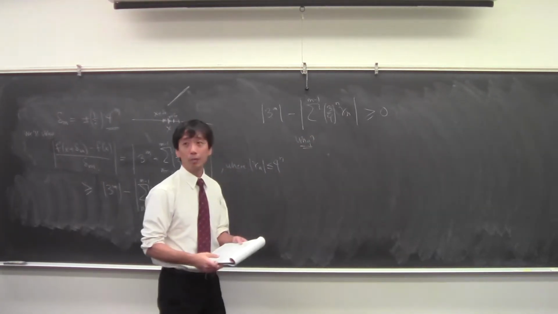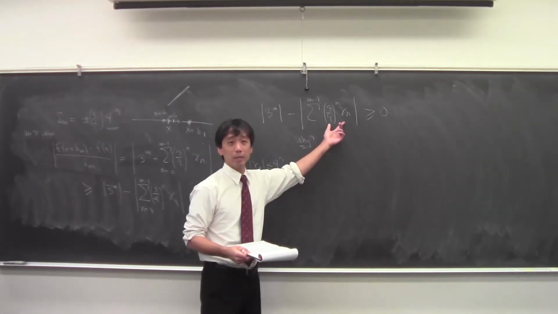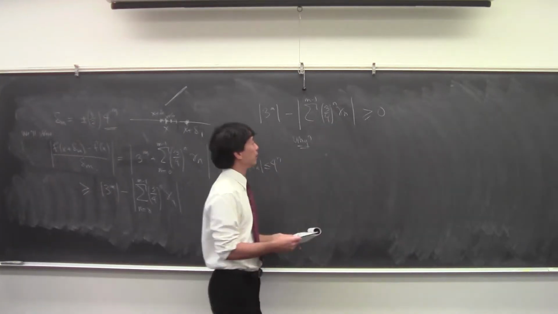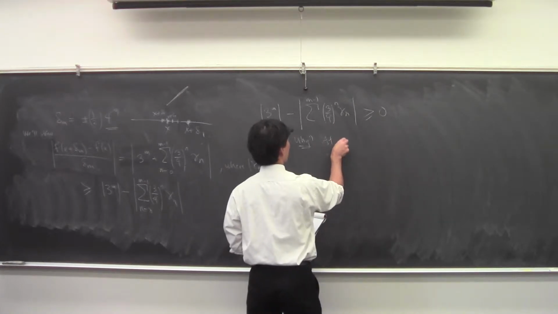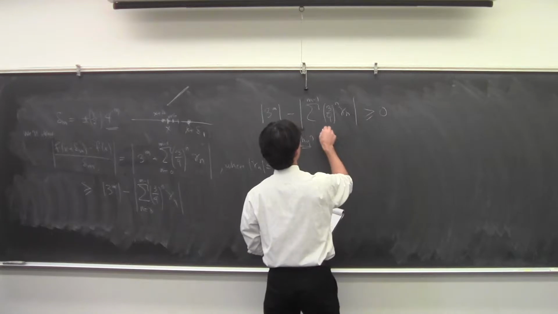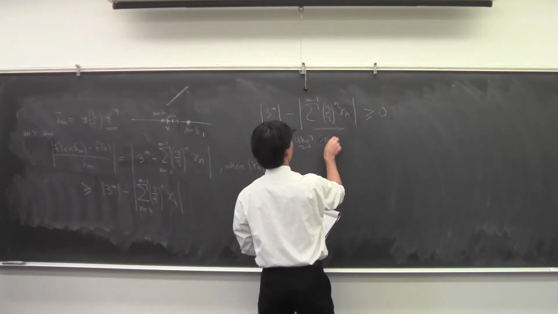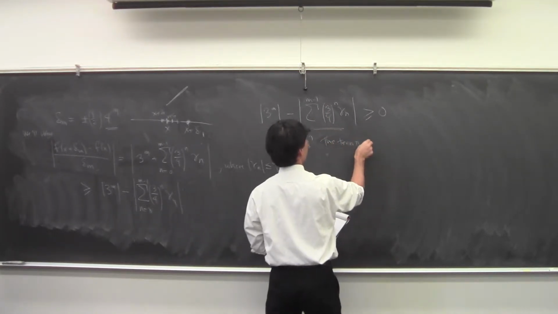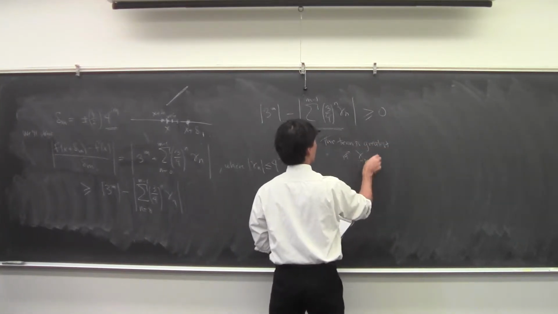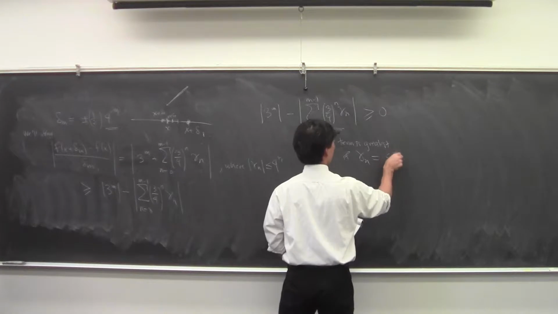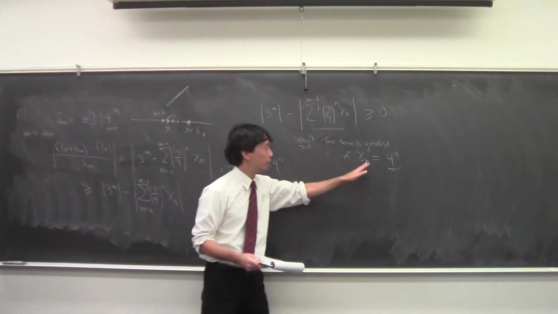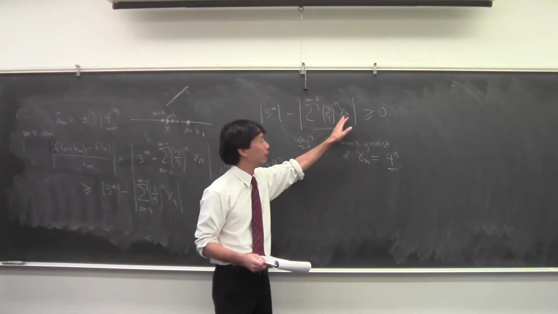Well, what is the biggest that this could be? This term here, at most, is greatest if gamma n just equals 4 to the n throughout. We just take gamma n, let's just let it be 4 to the n.